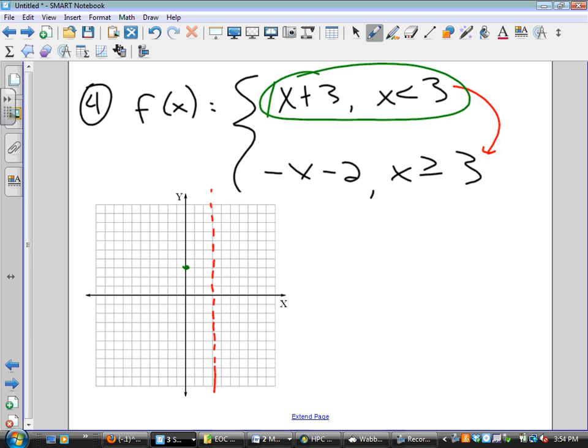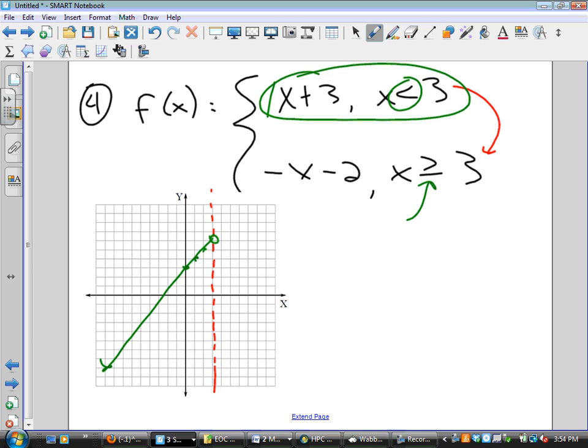So we're going to go up 1 and over 1, up 1 and over 1, up 1 and over 1. And because this inequality is strictly less than, we know it has to be an open circle at 3. Whereas down here, it's going to be a closed circle when we also have an equal sign. Okay, so this line that we drew is only good when x is less than 3.